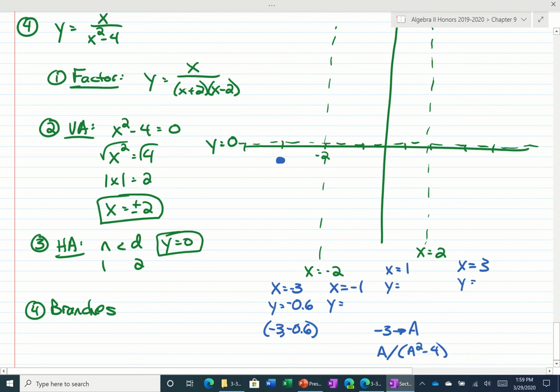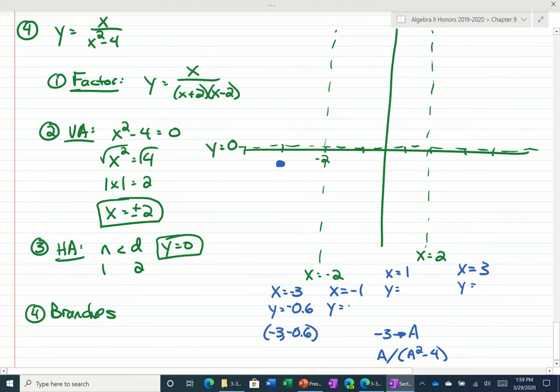It doesn't have to be exact. I know it's definitely below the horizontal asymptote, which is the most important thing. If we store -1, I'm getting 1/3. So the point -1, 1/3 is on the graph, which is above the horizontal. If we store 1, I'm getting -1/3. So the point 1, -1/3 is on the graph.